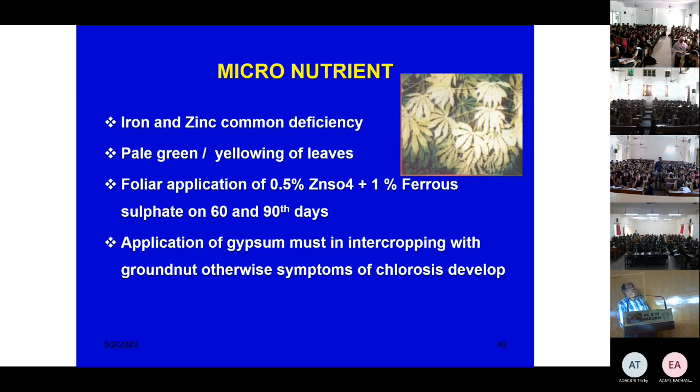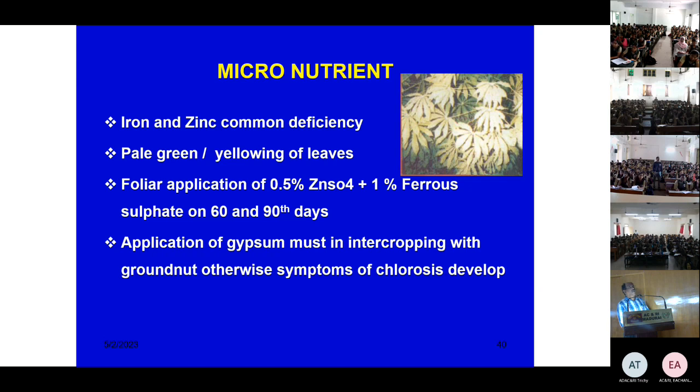So I already told you tapioca is susceptible to micronutrient deficiency, so we have to correct the deficiency as and when it appears. Normally iron and zinc are the common nutrient deficiencies. The leaves are pale green and yellowing, so we control it by foliar application of 0.5% zinc sulfate with 1% ferrous sulfate on the 16th and 19th day after planting.